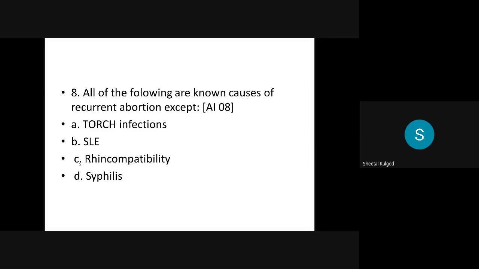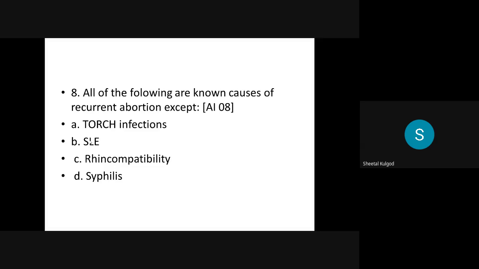Now again a similar question. All of the following are known causes of recurrent abortion except: torch infections, SLE, RH incompatibility and syphilis. Torch infection will be, of course, one of the options as we discussed previously. SLE is definitely a cause of recurrent abortions.